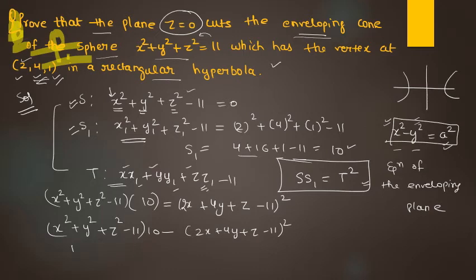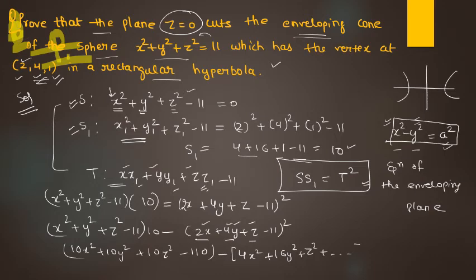You can expand it: 10x square, 10y square, 10z square minus 110. Then you can expand it using a plus b plus c whole square, right? Whenever you expand it, you will get 2x whole square, that means 4x square, 4y whole square, 16y square, then z square, and so on and so forth, right?